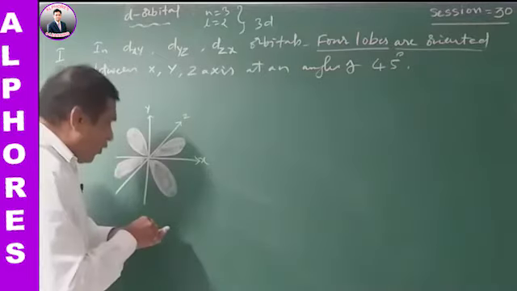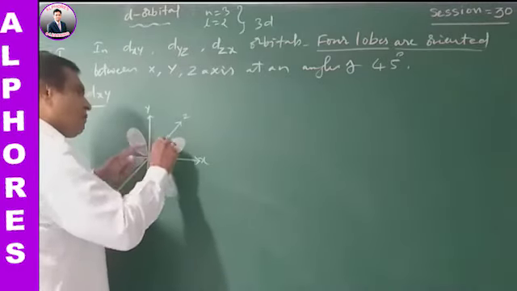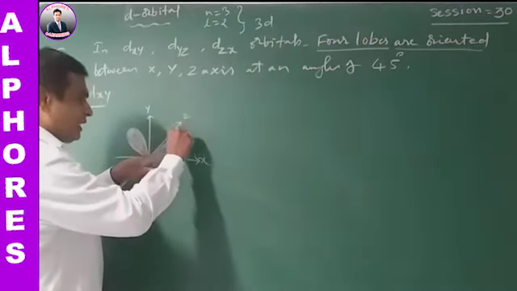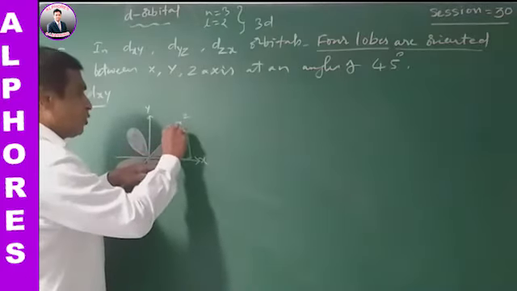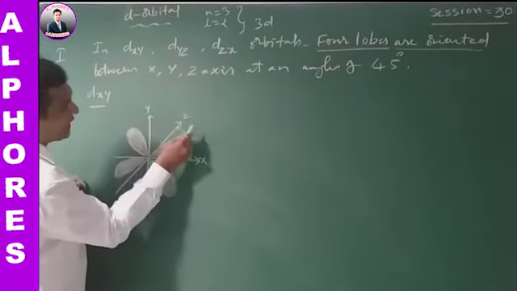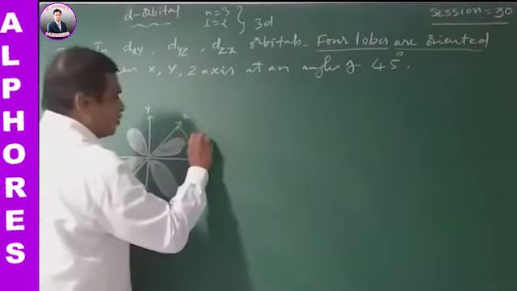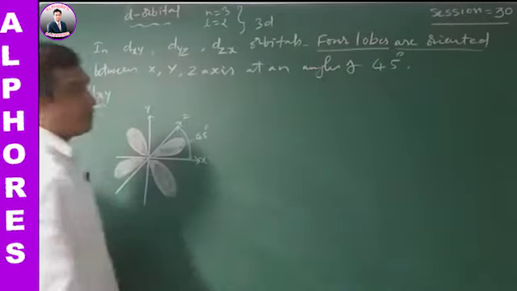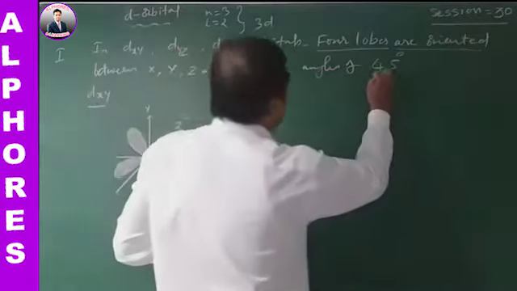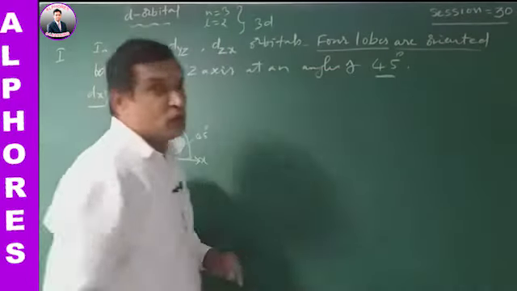Now, what is the angle between the axes? The angle between the axes is 90 degrees, from here to here. So what is the position of the electron density? The electron density is oriented exactly at 45 degrees. So the orientation of the electron cloud between the axes is 45 degrees. Very important point, you should not forget it.